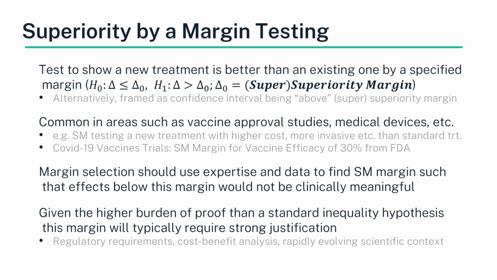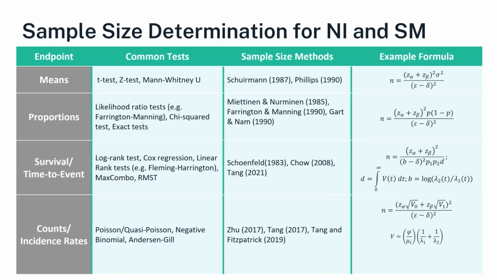In terms of the other practical considerations, like ensuring assay sensitivity and the additional evidence, superiority by a margin and non-inferiority testing are very similar. They're also very similar in terms of sample size determination, which we can take a quick look at here.